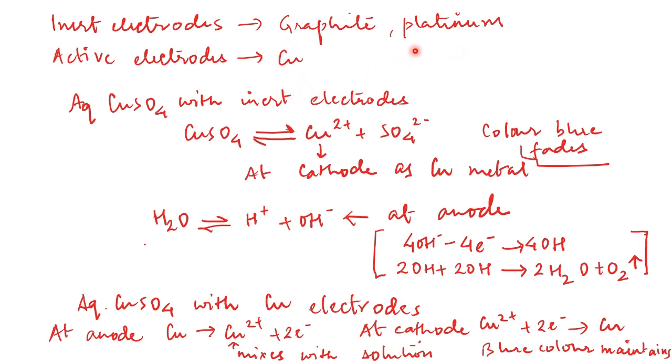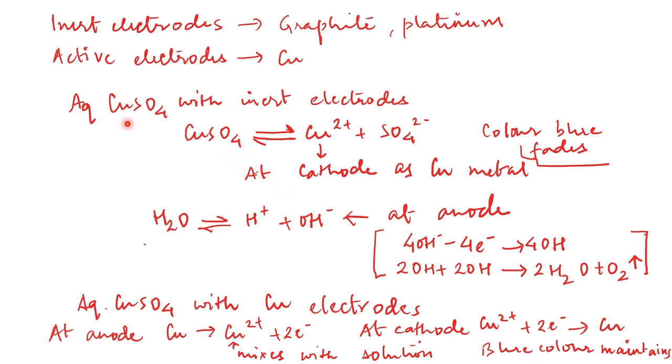If they are inert electrodes, for example in the book there is the example of aqueous copper sulfate, there would be two cations and two anions. Inert electrodes do not participate in the chemical reaction. Only the electrolyte and the solvent undergo electrolysis and are the reason for the result at cathode and anode.